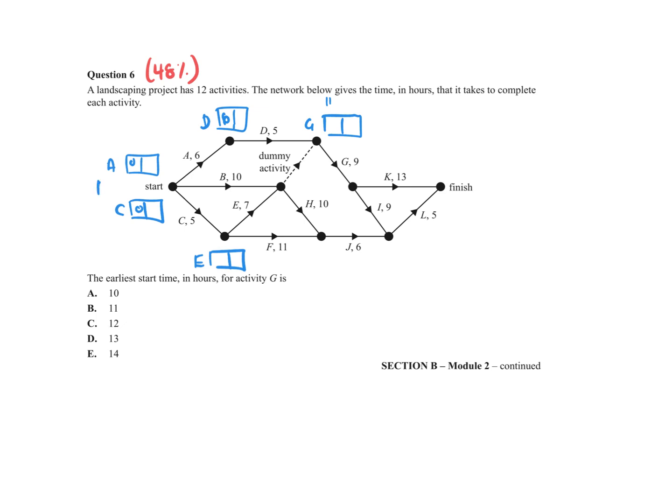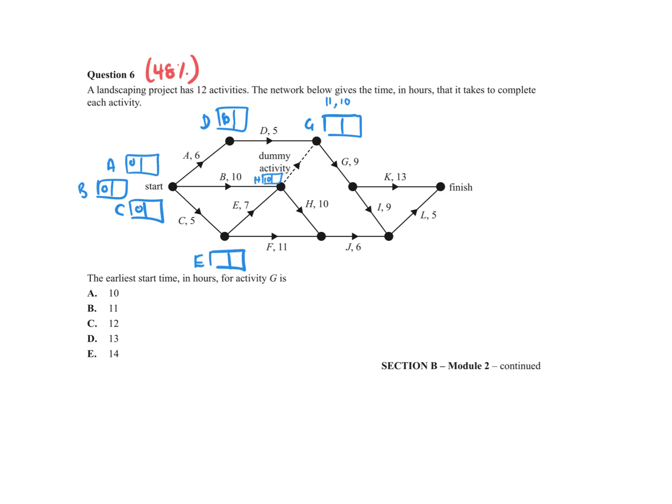I forgot to put B here. B starts on 0. Now, if you get to here, you would have made it by 10. So H, if you're going to go along, so 10. But you can see that has to happen. So B would be a 10. So at the moment, 11 would be the earliest.